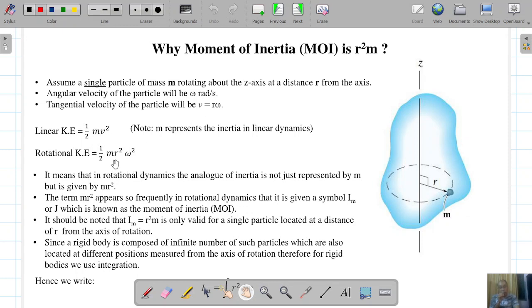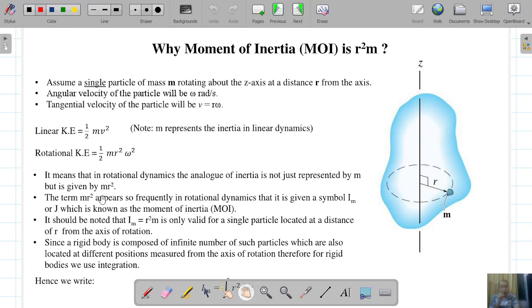Now this term mr square is termed the moment of inertia of the body. If you compare these equations, for linear kinetic energy it is m, but for rotational kinetic energy, m is replaced by mr square. And what is mr square?